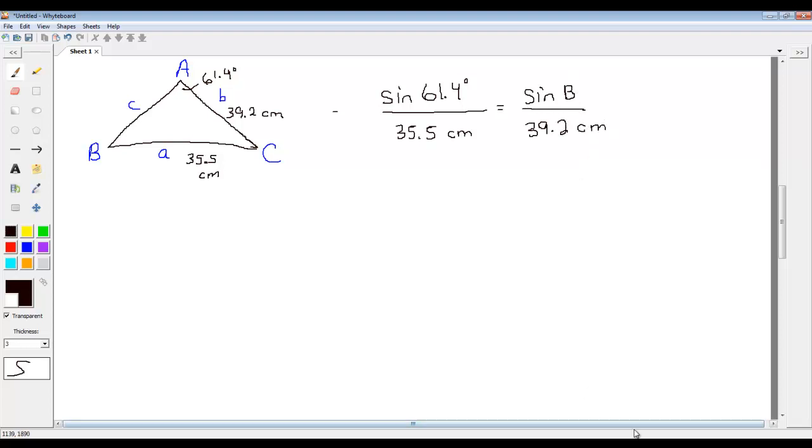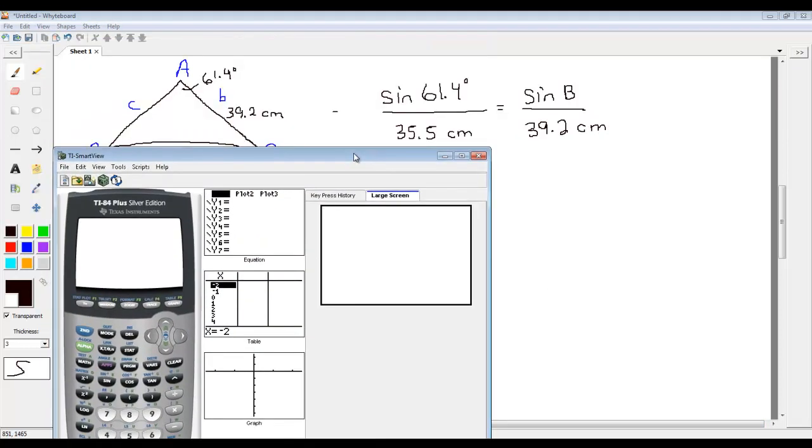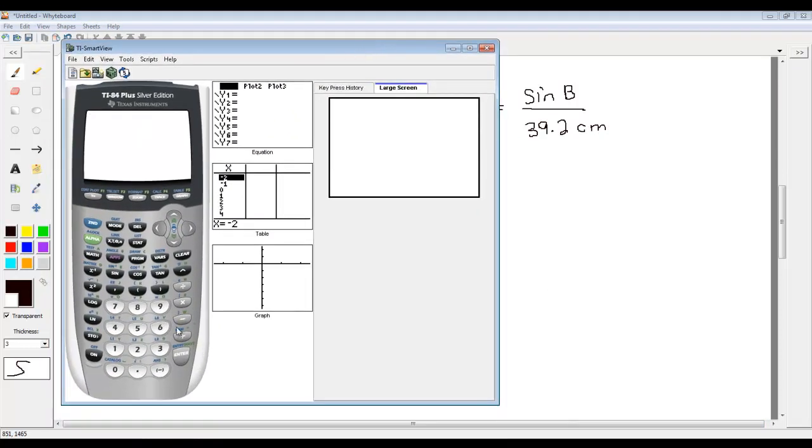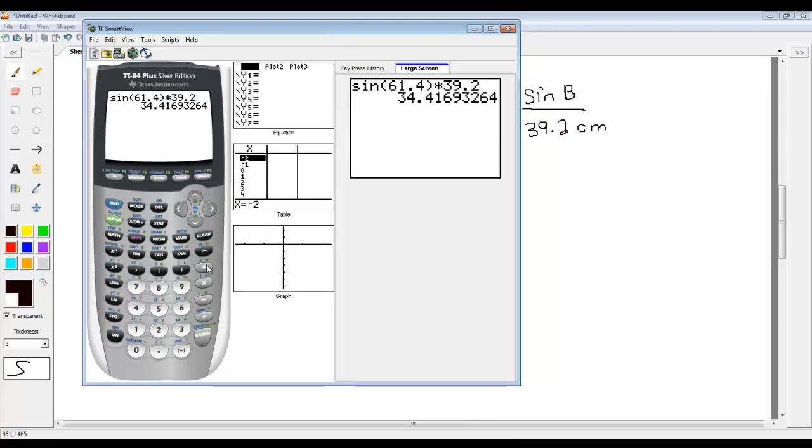So we'll put this into our calculator: sine of 61.4 times 39.2, and then divided by 35.5.